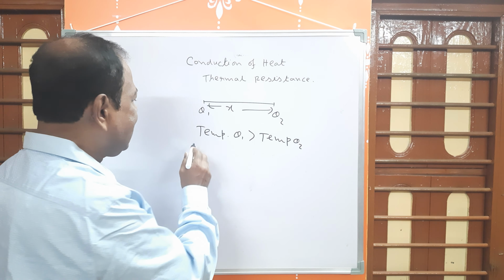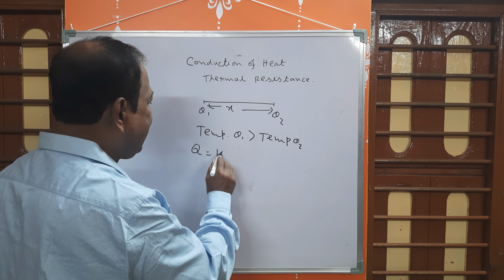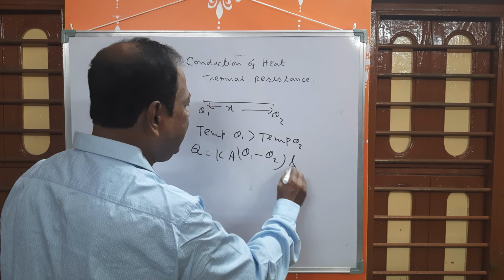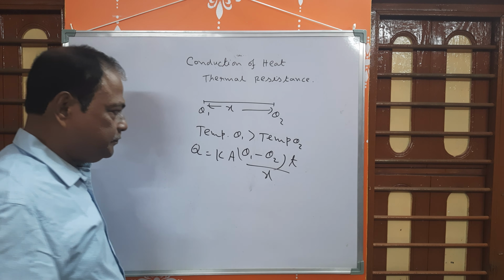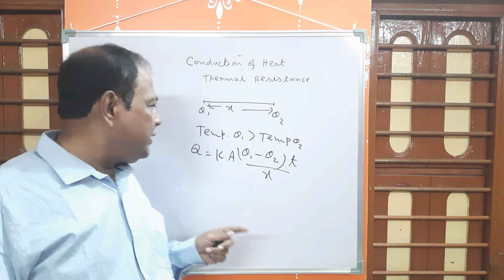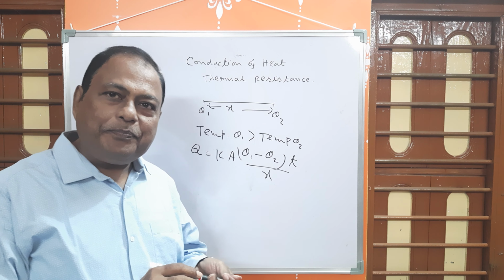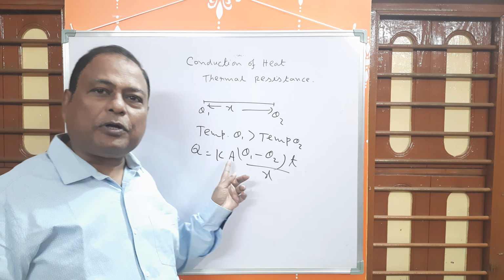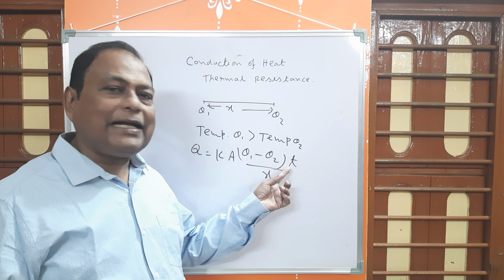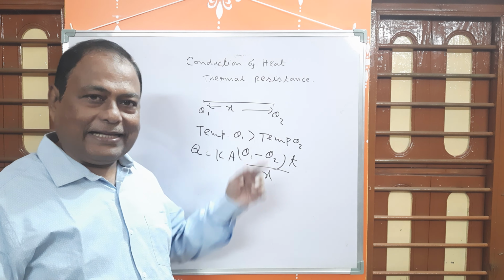I considered last class Q is equal to K A (theta 1 minus theta 2) t by x. Q is the heat flow, K is called the thermal conductivity, A is the area of cross section, theta 1 minus theta 2 is the temperature difference, t is the time, and x is the thickness.